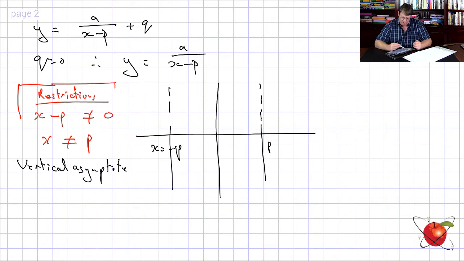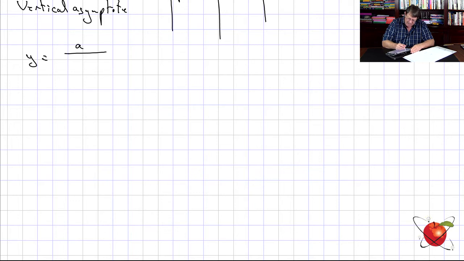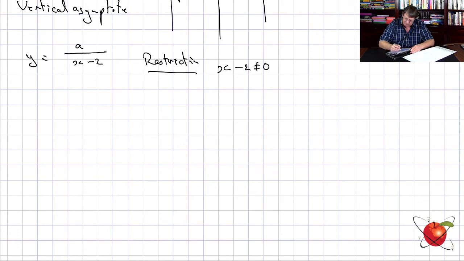So we're going to look at these now in a different light. Let's say, for example, we have y is equal to a over x minus 2. What do I say? I do my restriction. I say x minus 2 cannot be equal to 0.